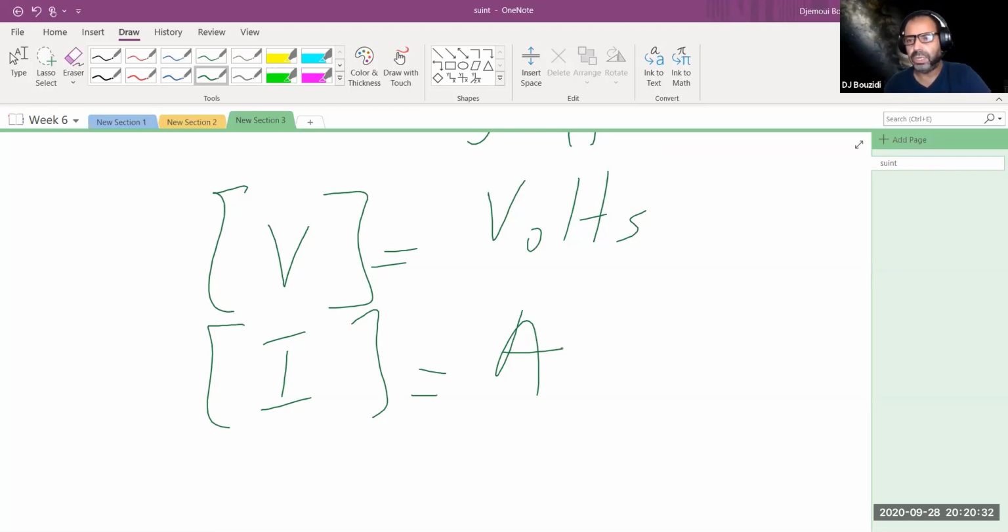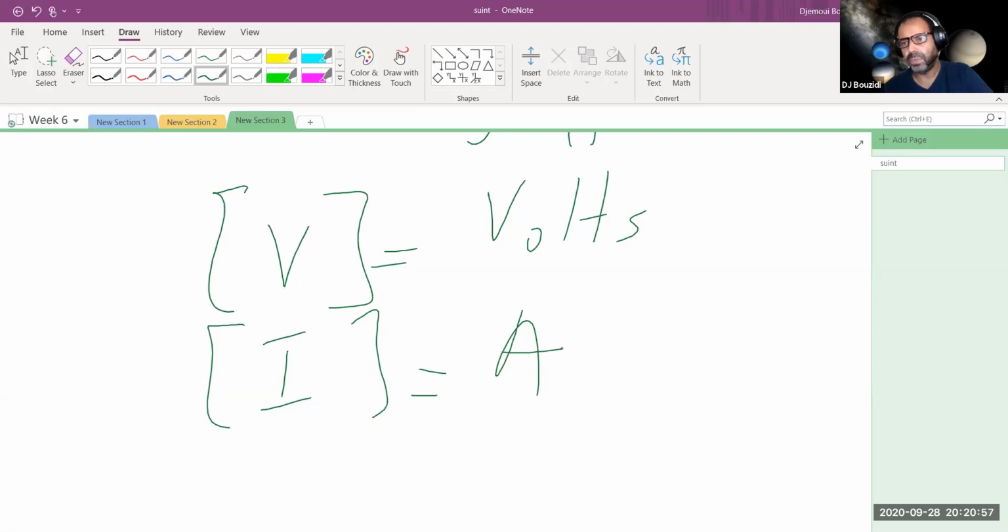Joules can be broken down into a newton times meter, and a newton is a kilogram meter per second squared, that's force, so a joule is a kilogram meter squared per second squared. That's the joules divided by a coulomb, and a coulomb is an ampere times second, so the volt is well defined in terms of everything.